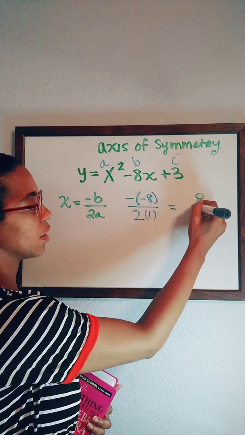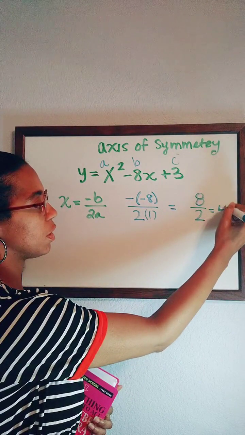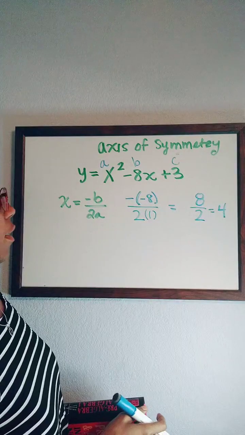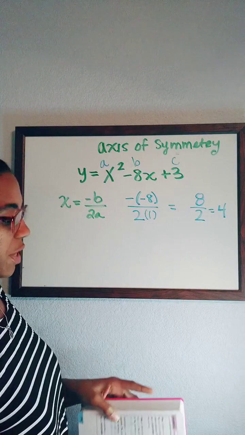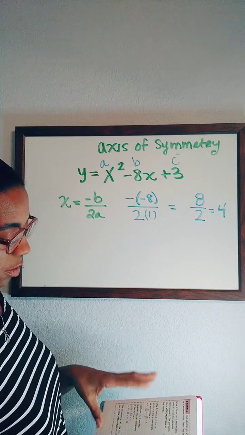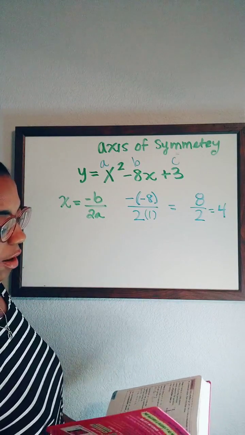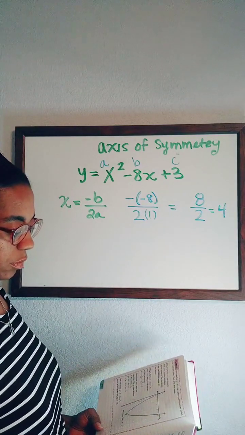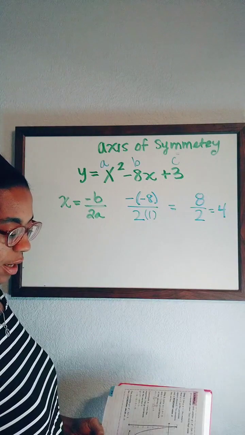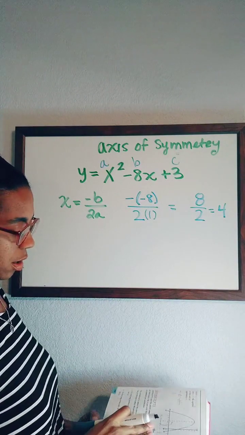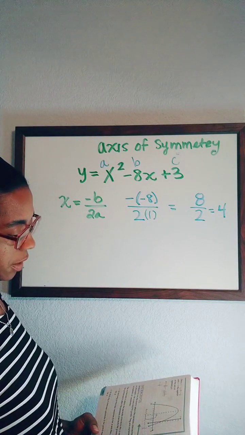So this would be 8 divided by 2, which would be 4. So then the value for the x on this one is going to be 4. Now, what will we do to find the... Oh, that's it. That would be it.